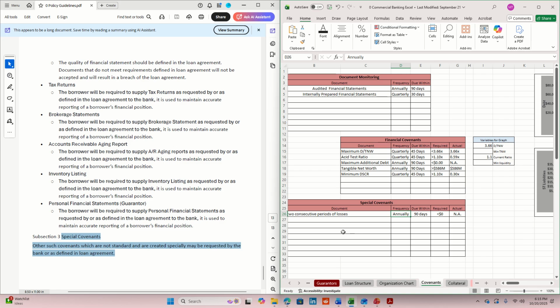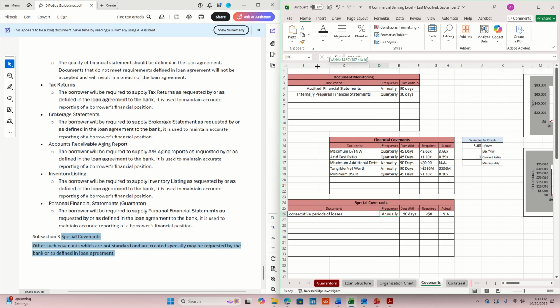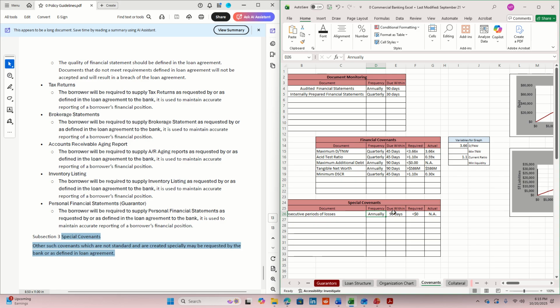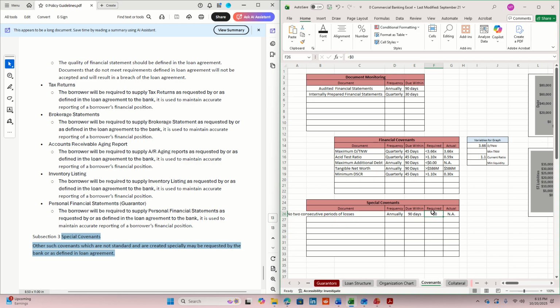And this is going to be tested annually, 90 days, greater than 0, not actual. Okay, there we go.